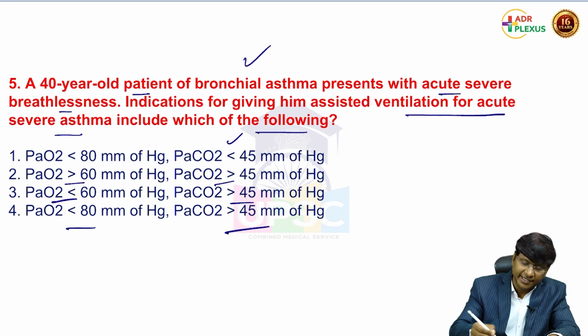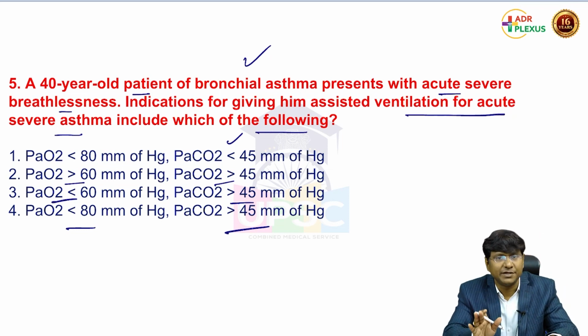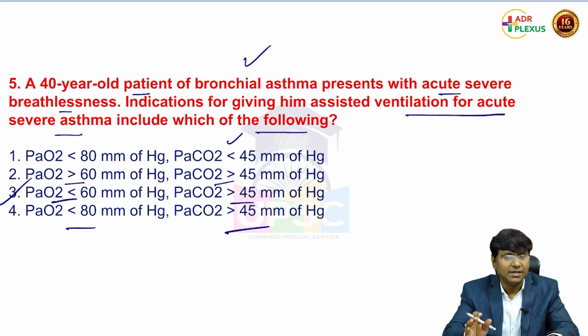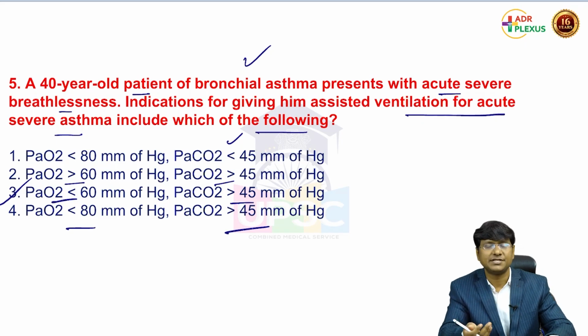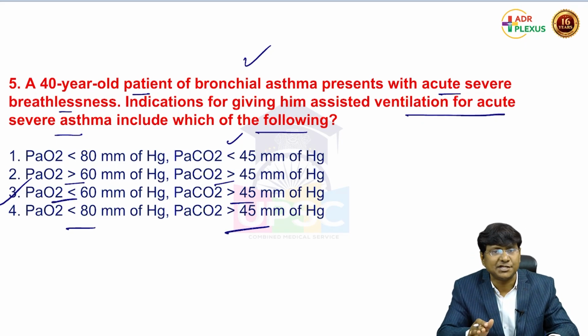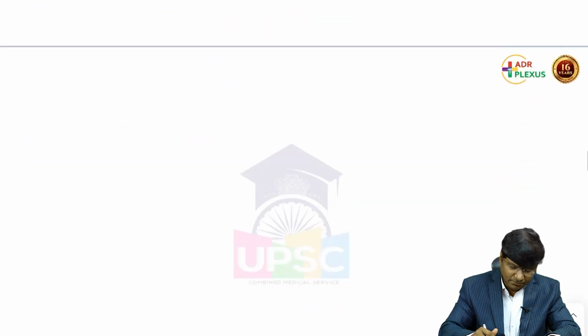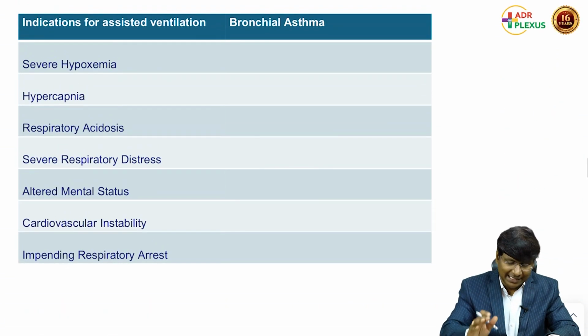So you need to know the indications for assisted ventilation in patients with bronchial asthma. That is hypoxemia, where the partial pressure of oxygen is less than 60, and hypercapnia, where the carbon dioxide value is more than 45. Now, let me tell you all the other indications.